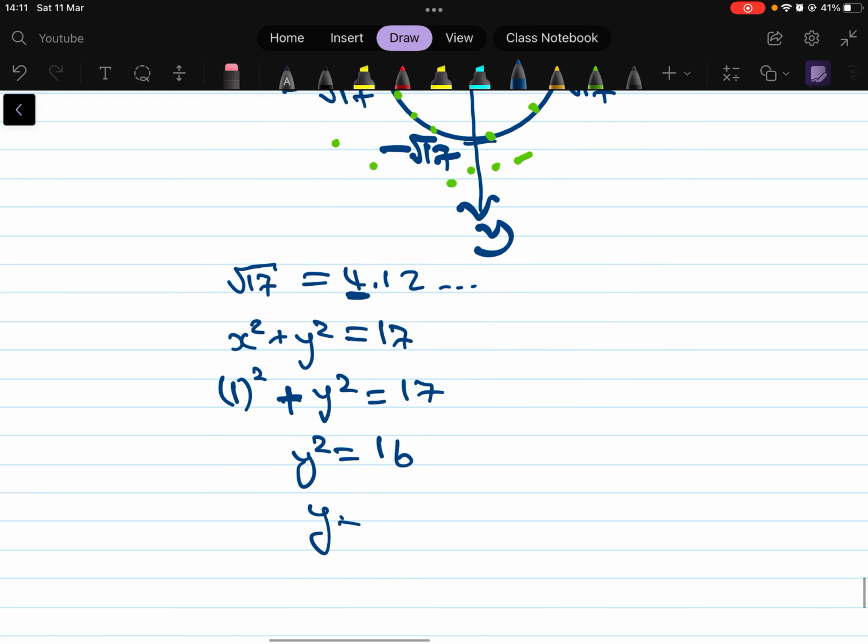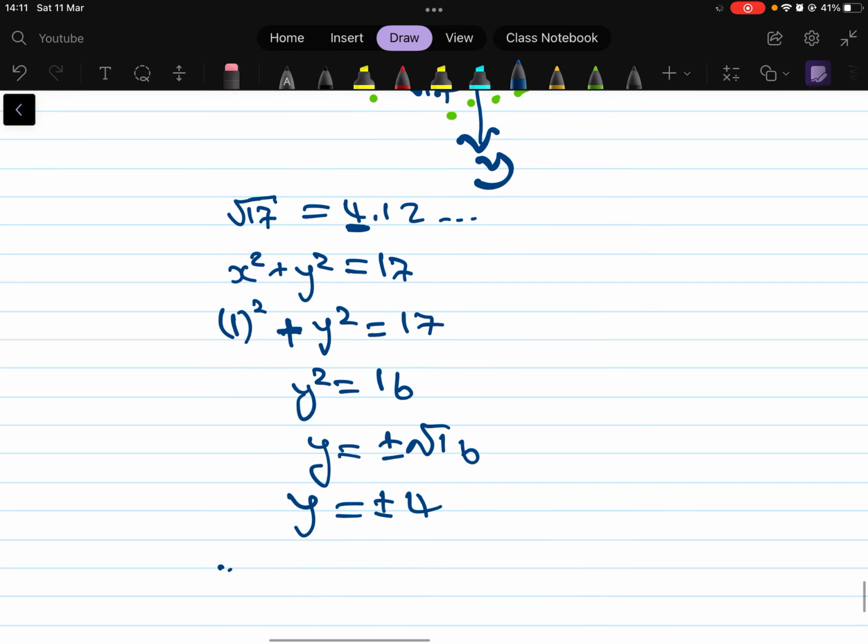So y is going to be plus minus the square root of 16, which means y is plus minus 4. So for x equals 1, we have integer coordinates. So we have another point which is on the circle. That point is 1 and 4, or 1 and negative 4.